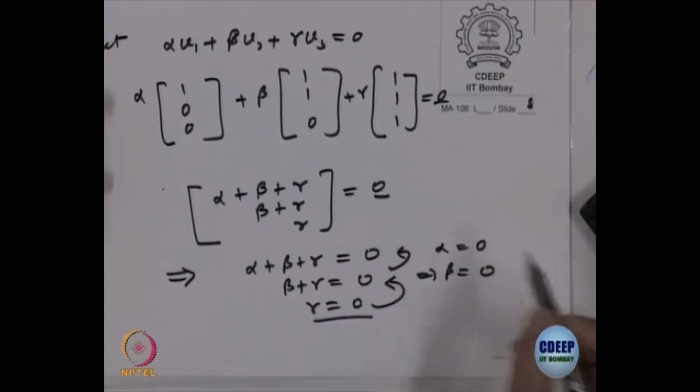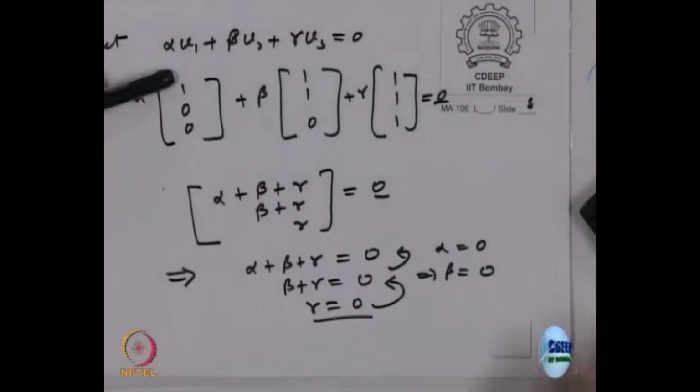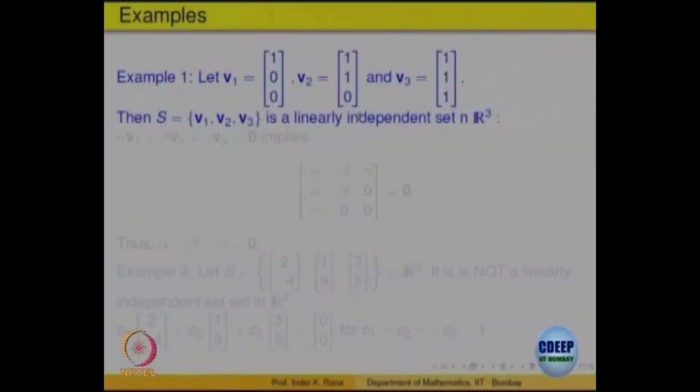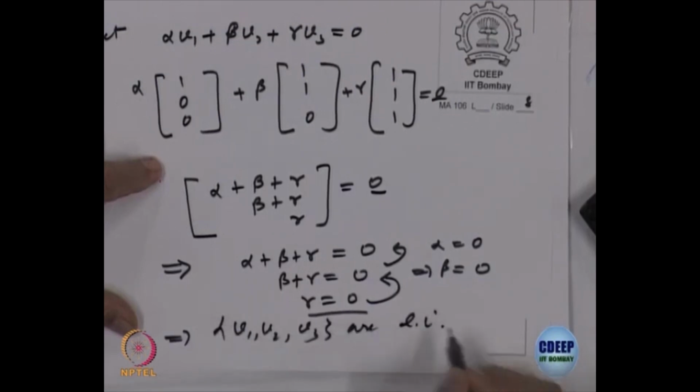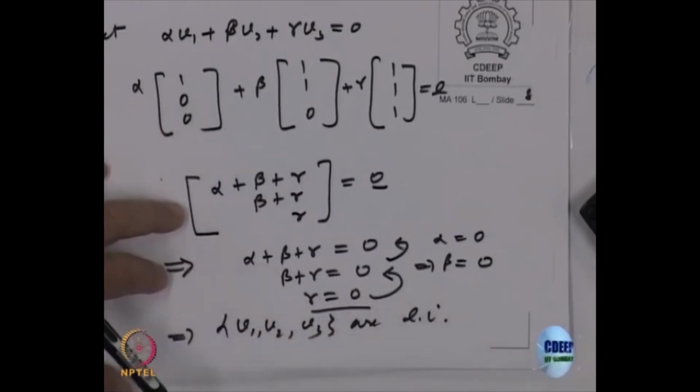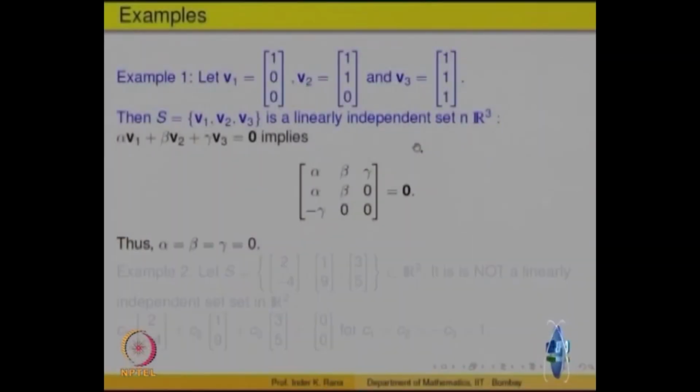So that says that these 3 vectors in R3 are linearly independent. So v1, v2, v3 are linearly independent. That is a proof that I just now gave, that the linear combination equal to 0 forces all coefficients to be 0.